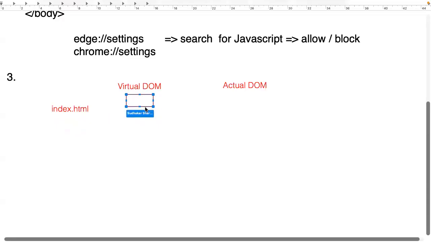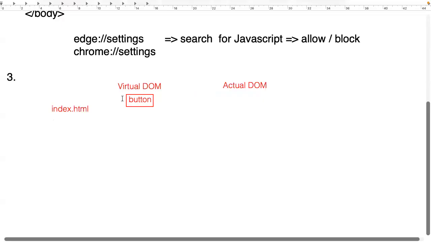In virtual DOM, we design everything. That means all the hierarchy, button or something, we design in the virtual DOM. After designing in the virtual DOM, we add this into index. That means a virtual DOM is created separately and it is added into index.